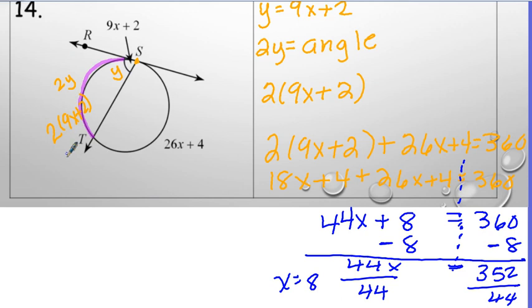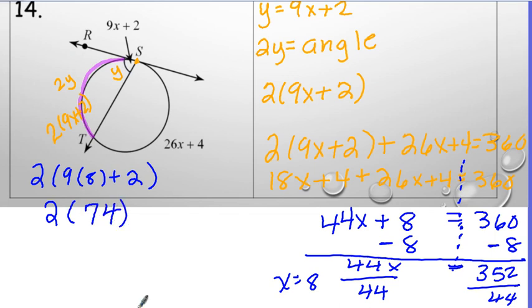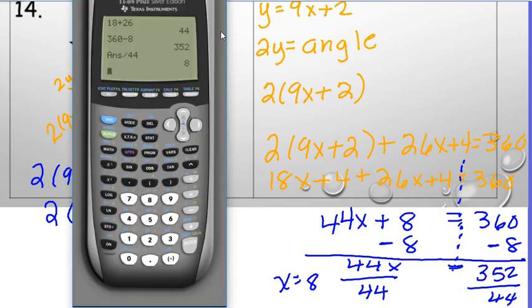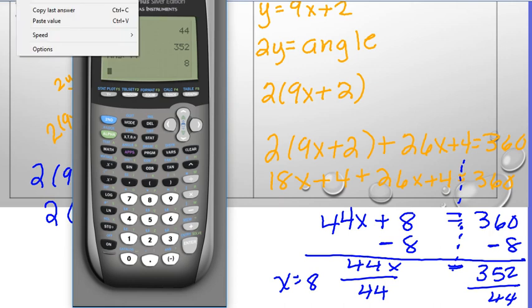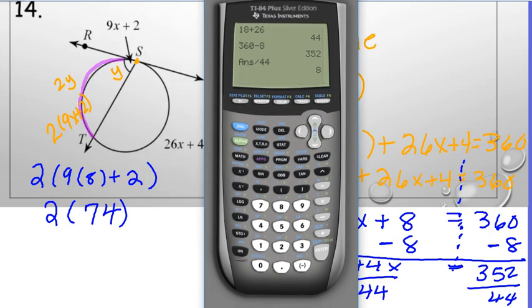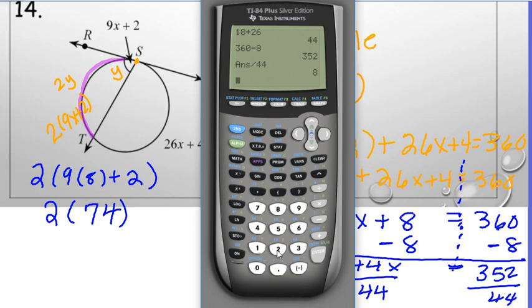So since we know that this arc is going to be 2 times whatever the angle is, you do 2 times 9 times 8 plus 2. So you get 2 times 74. And let me double check just to make sure I'm good. 9 times 8 plus 2.